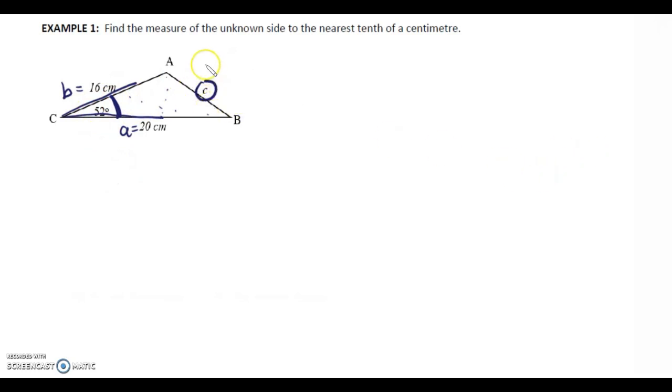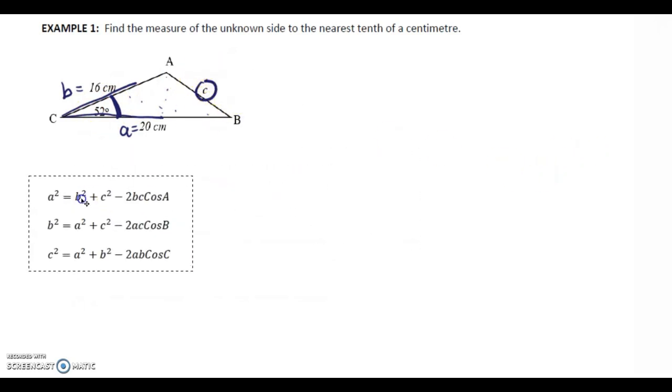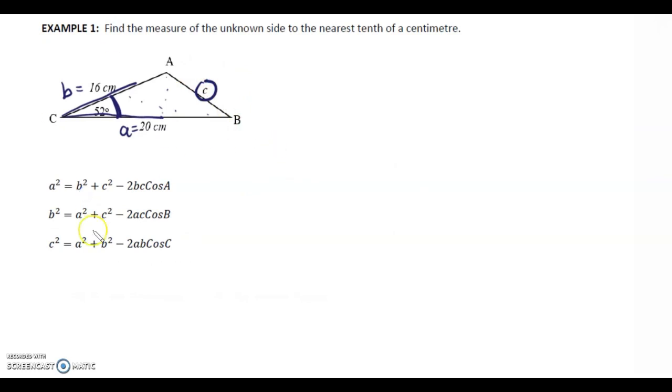Because we're solving for the side length C, we're going to use one of the three side length equations. I'm going to circle this one because this one already has a C isolated. We don't have to sub in different variables.